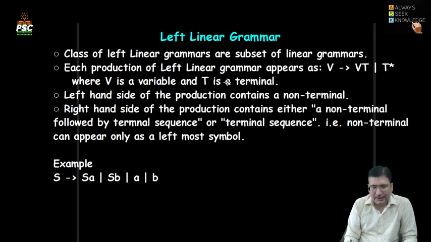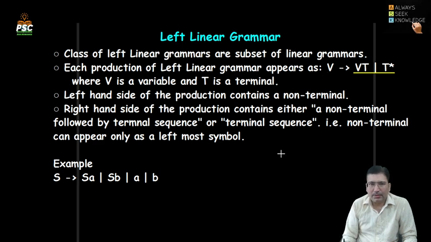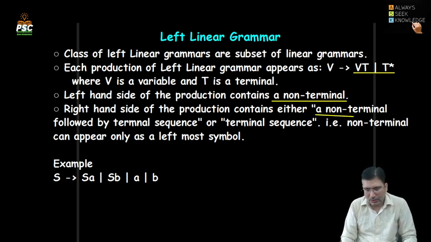Now, left linear grammar has production rules like a variable followed by a terminal sequence, or only a terminal sequence, on the right hand side. On the left hand side there has to be only a single variable. Please remember that the right hand side contains either a non-terminal followed by a terminal sequence, or only a terminal sequence.